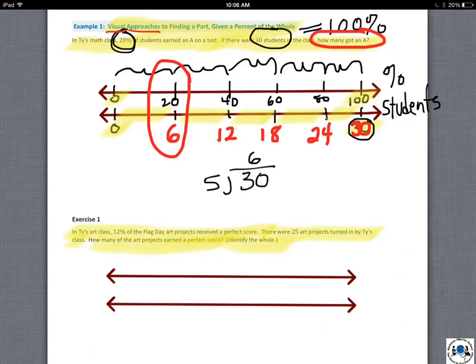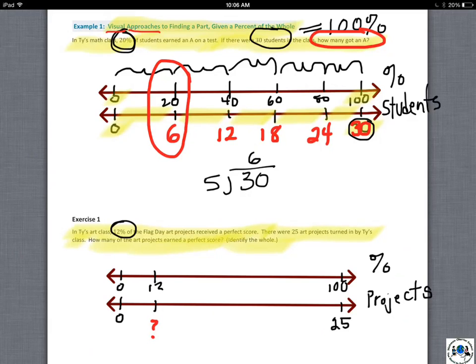Okay, so here we go. Now this one, I've drawn my two number lines, so I'm going to do it the same way up here, but it's not as clean as the other one because we are now looking at 12%.